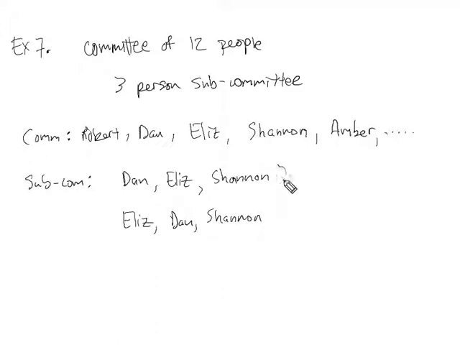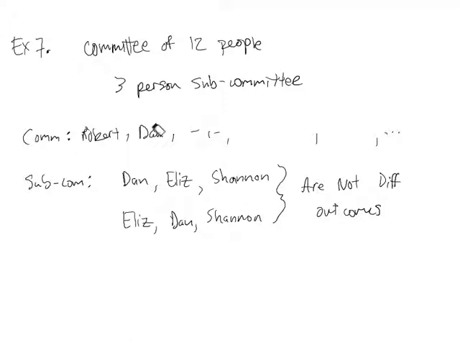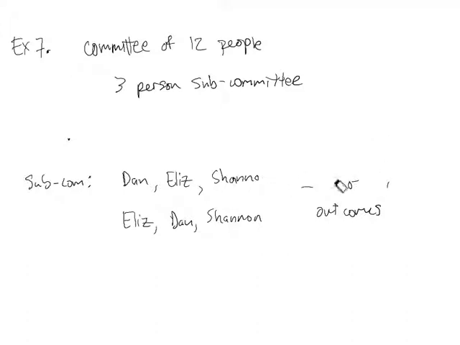So these are not different outcomes. This is the same outcome. Now, calculating the total possible outcomes is super simple.